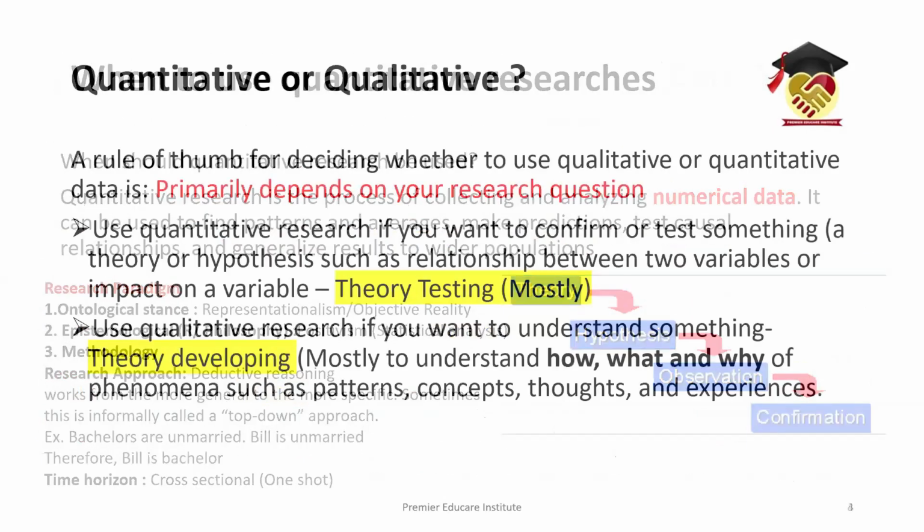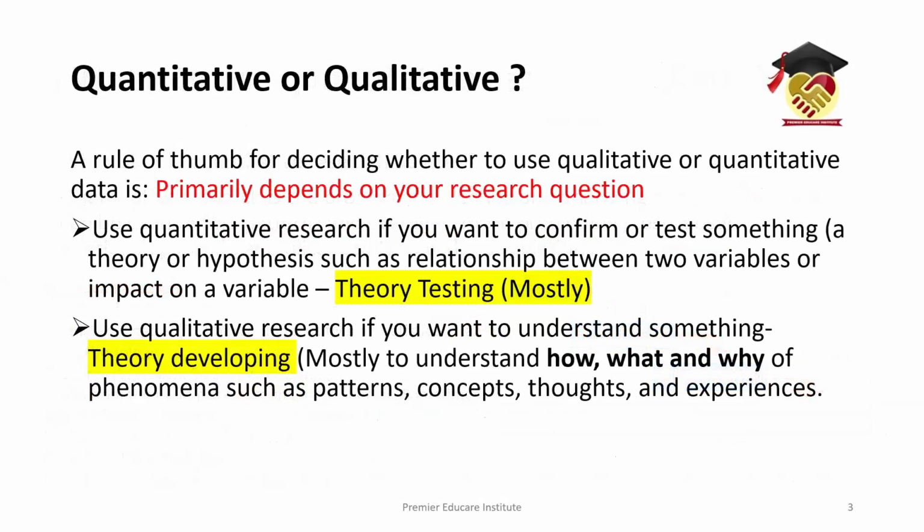Quantitative versus qualitative. Quantitative means basically you want to test the existing theories, the relationship between two factors. You are testing statistically. Qualitative means you are going to develop theories from the very bottom. So basically you are supposed to answer the questions how, what, why.